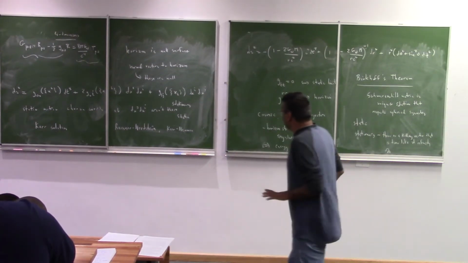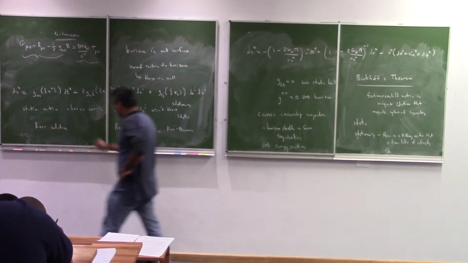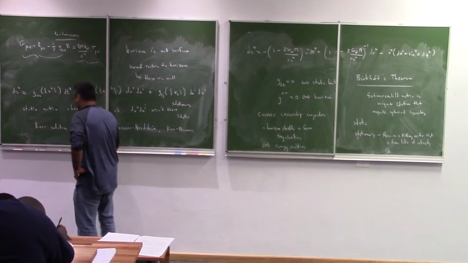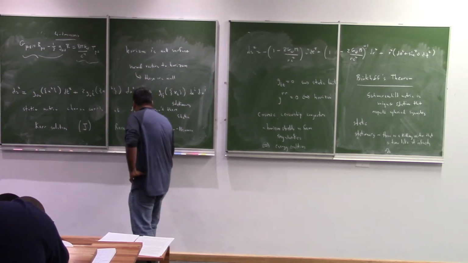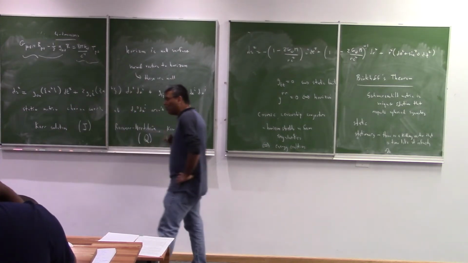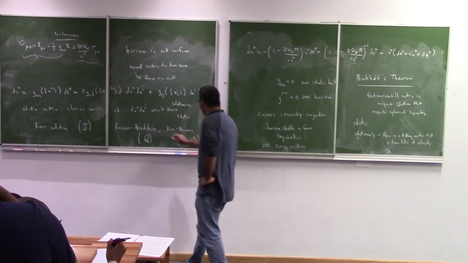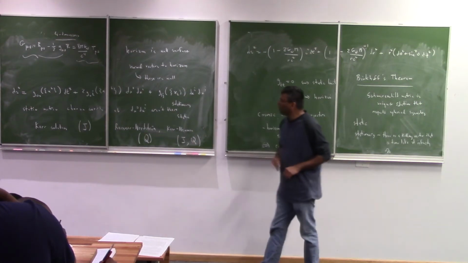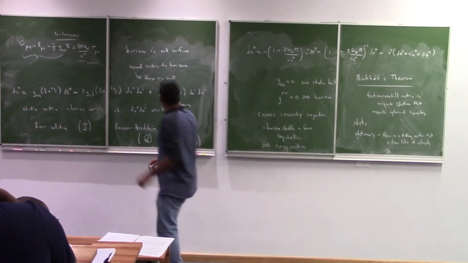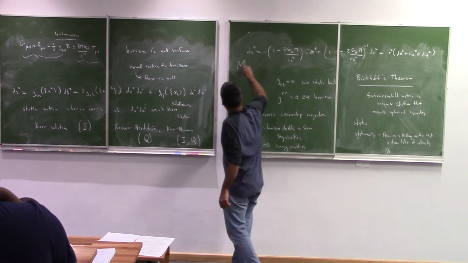So Kerr solutions then have angular momentum, I'll call that J. Reissner-Nordström solutions have charge, I'll call that Q. And Kerr-Newman solutions have angular momentum and charge. All of these solutions, including Schwarzschild, of course, have mass.